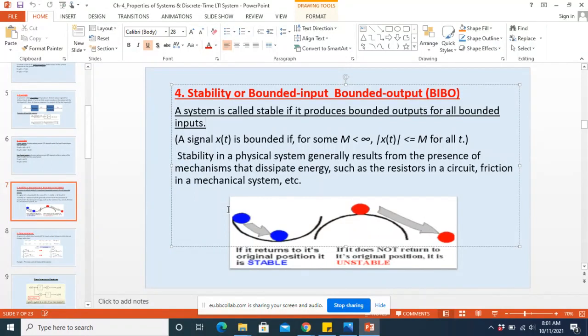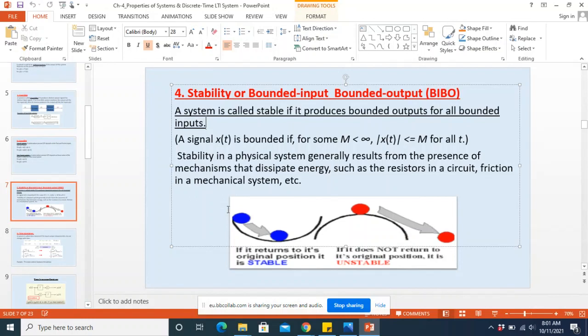But if you put the ball with high force, it will go out of the cup. In this second case, the input and output are not bounded.